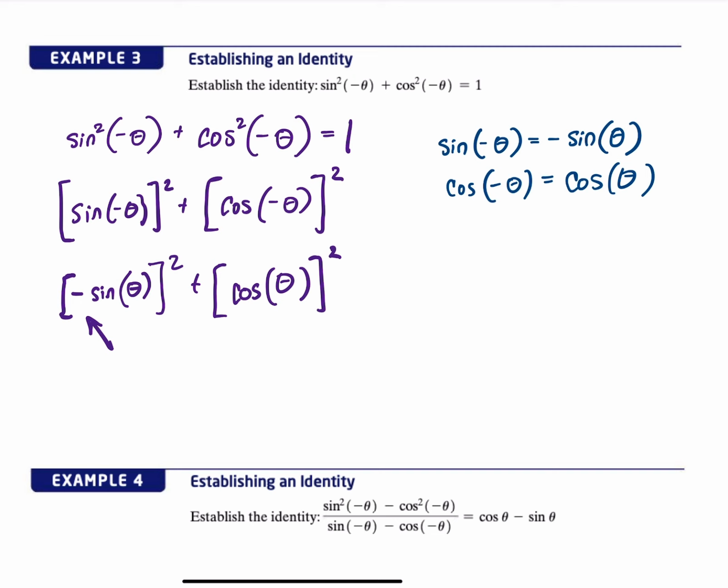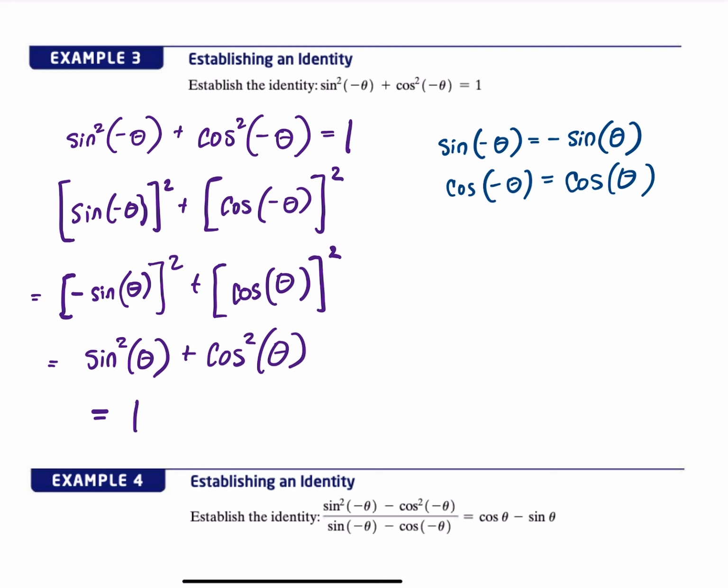Negative sine times negative sine will become positive sine squared. Plus, and then this will give us cosine squared. And we know based on our Pythagorean identity that that's equal to positive 1, which is what we wanted to show. We wanted to show that the left-hand side can be transformed into positive 1. So we've verified, or we've established this identity.